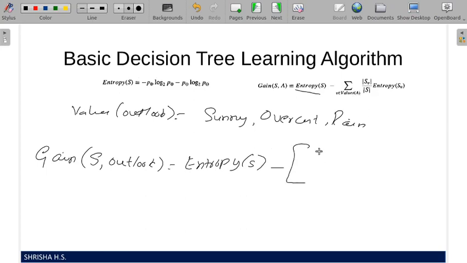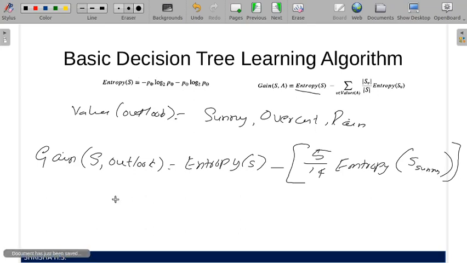For sunny, there are 5 sunny values, so we are taking the entropy of all the instances where the attribute is sunny. Next, plus, because this will become a whole minus, right?